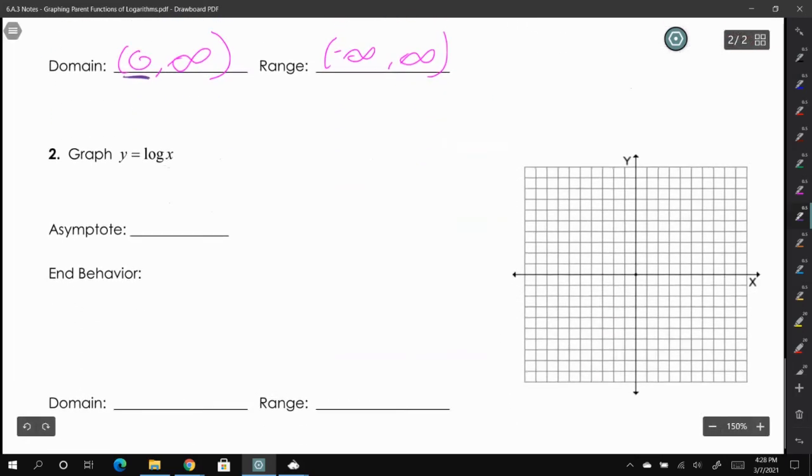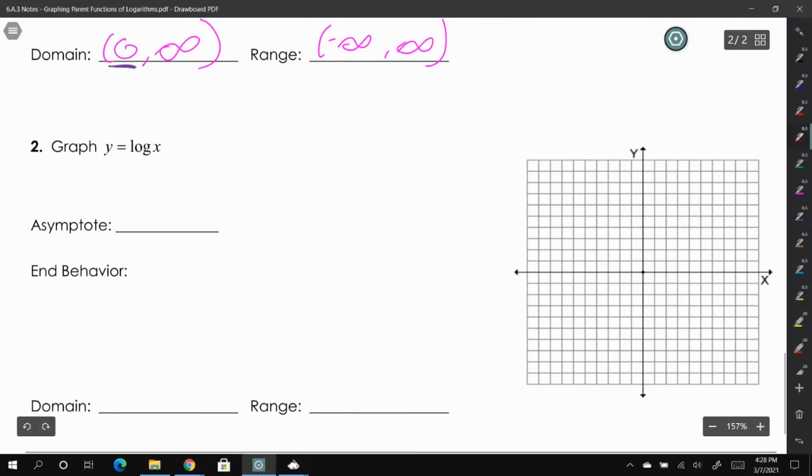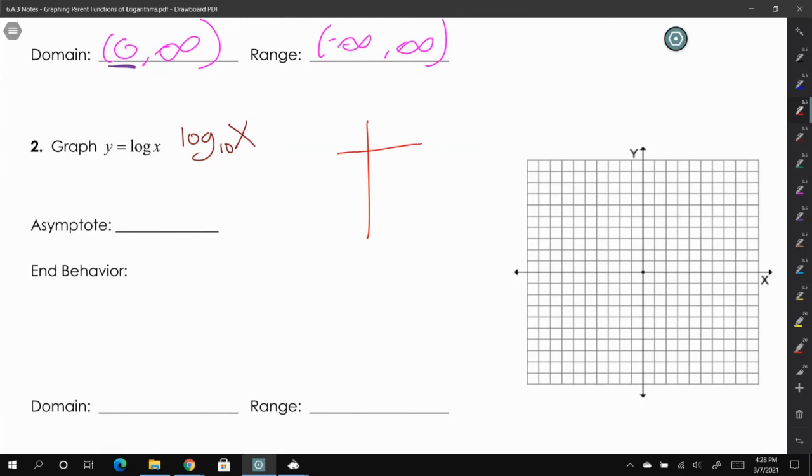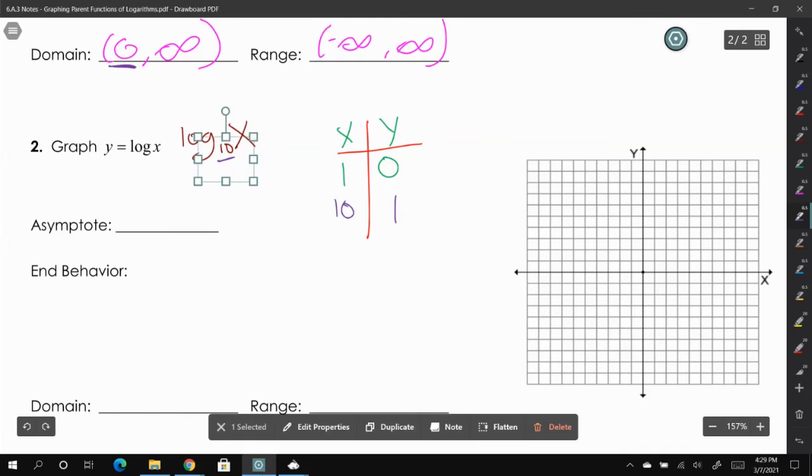Now, number 2 here, we don't see a base. Remember, if we don't see a base, it's an invisible 10. Okay, so now we can make a table. This question isn't asking us for the transformations. It's just asking us for the asymptote, end behavior, and domain and range. Well, we know that the point 1, 0 is going to be on the graph, and the base, 1 is going to be on the graph.